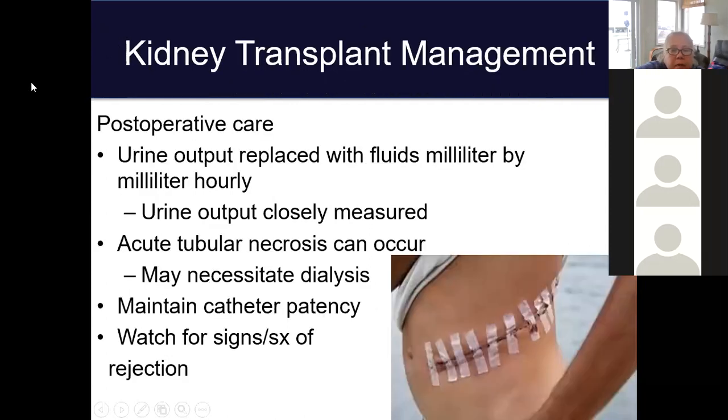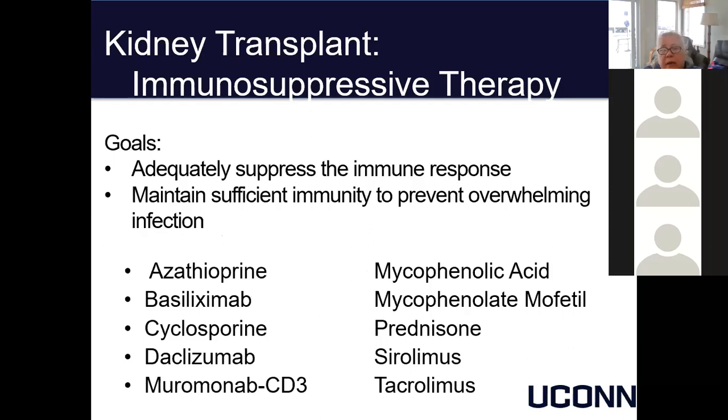As I said, immunosuppressive therapy, that cyclosporine is old school, if you will. Prednisone, we know, is a fairly strong immunosuppressant also, but they've added many more through the years. You see a lot of tacrolimus, the sirolimus, and all of these others. And some of these do require blood levels.